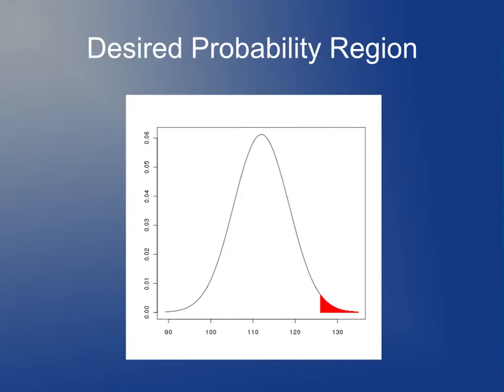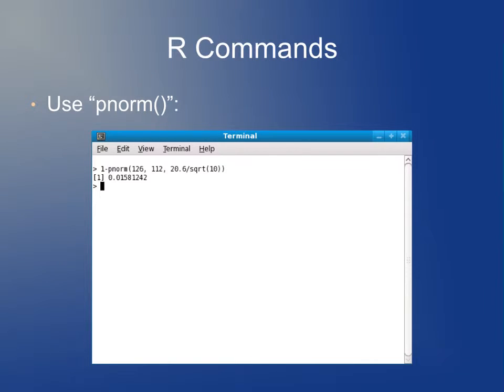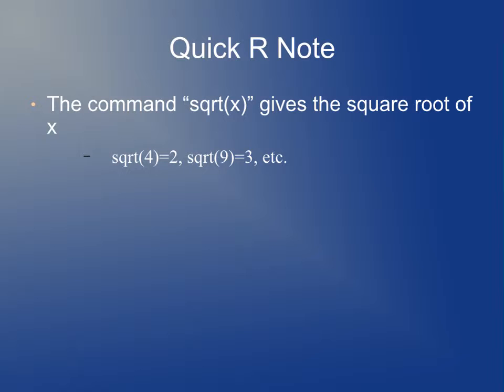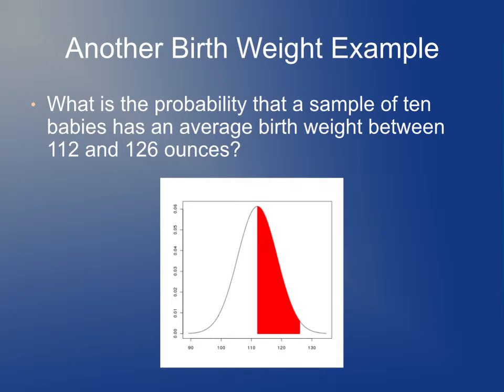To calculate that probability, we can use pnorm as we did in the previous lecture. In this case, it would be 1 minus pnorm, because we want the area greater than 126, with mean 112 and standard deviation 20.6 divided by the square root of 10. That turns out to be about 0.0158. Quick note in R is that sqrt(x) gives the square root. Square root of 4 is 2, etc.